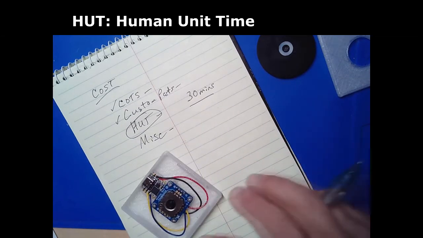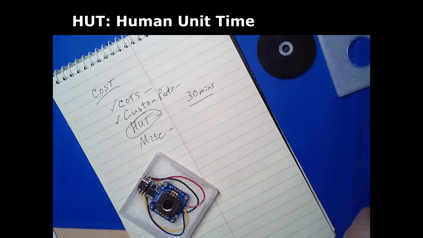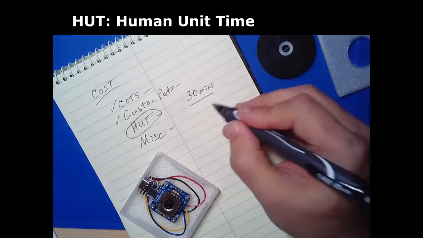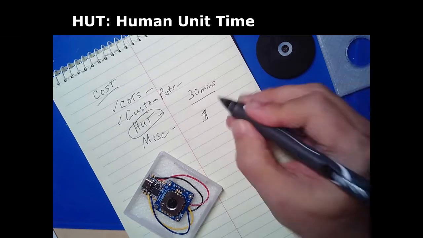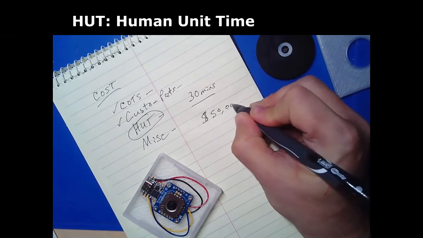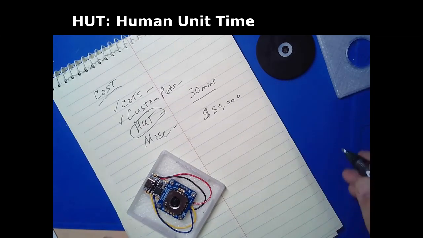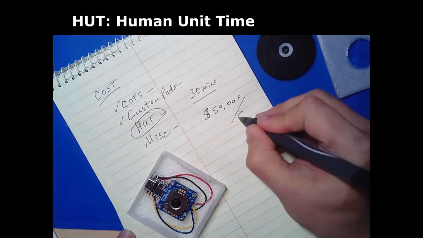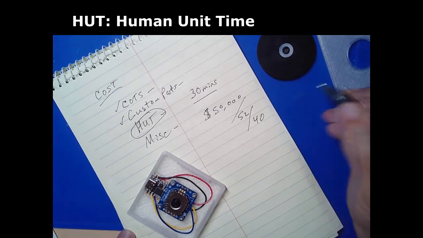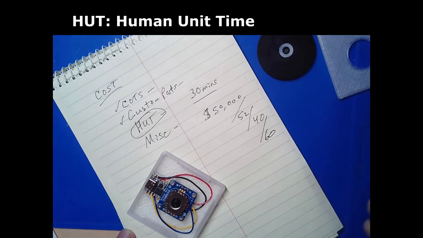A good way to do this, a simple way, is to say I want to make, let's say, $50,000 a year on a quote unquote real job. Divide that by 52 and divide that by 40 and then divide that by 60, and you've got a per minute cost for your labor.